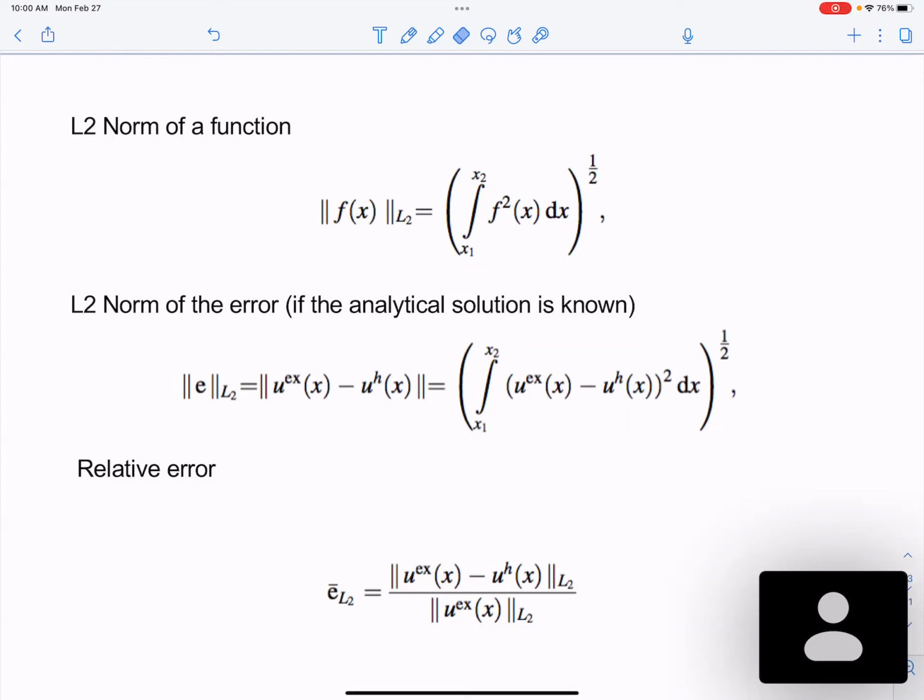What we are interested in is calculating the norm of the error. The norm of the error is the difference between my finite element solution and the exact solution when I have it. Square that, integrate over the domain, and then take a square root. And then you can take a relative error: if you scale that by the norm of the exact solution, you get a relative error.